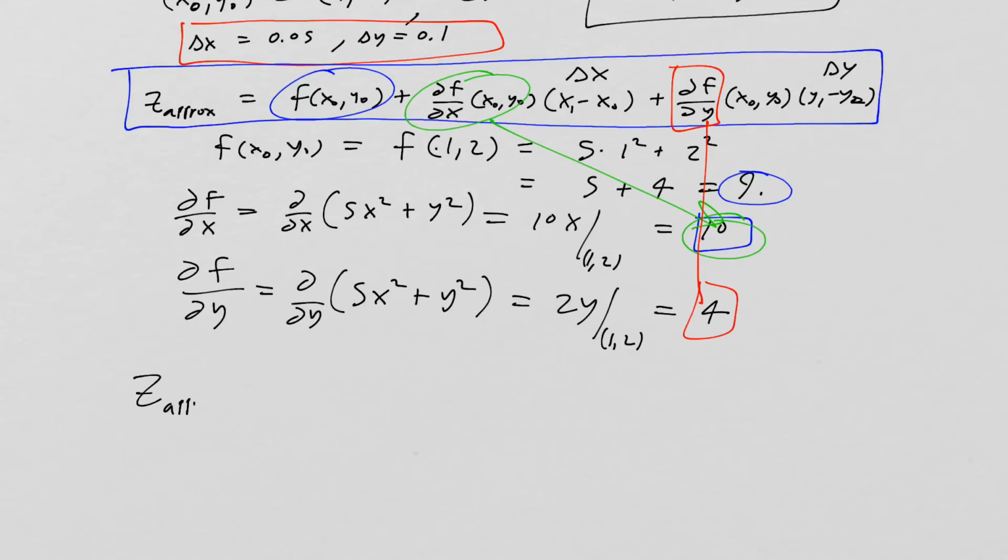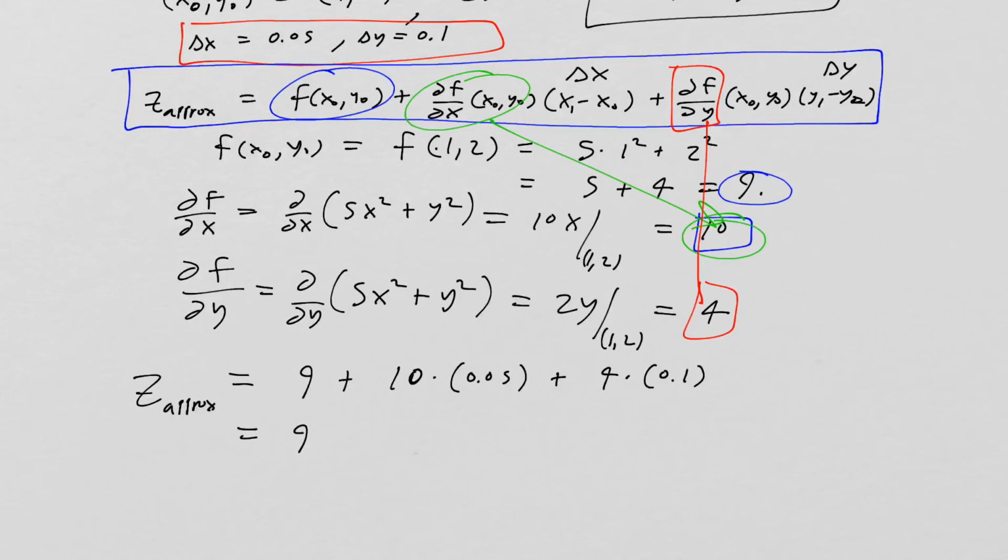Z approximation is going to equal 9, that's our first value, plus 10 times delta x, which is 0.05, plus 4 times 0.1. Let's see if we can estimate this.